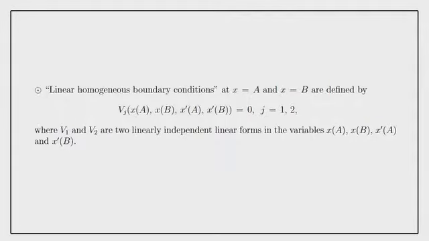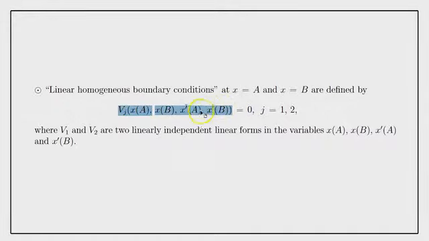The most general form of linear homogeneous boundary conditions at a and b are actually of the form Vj(x(a), x(b), x dot(a), x dot(b)) equal to 0. This is the homogeneity condition, on the right hand side you have 0, and here V is a linear functional of these four quantities x(a), x(b), x dot(a) and x dot(b).